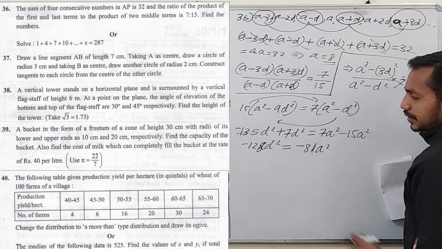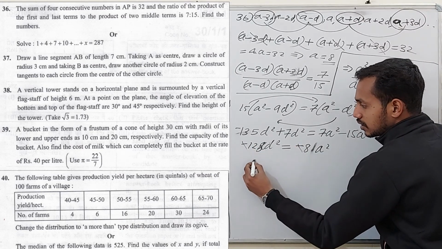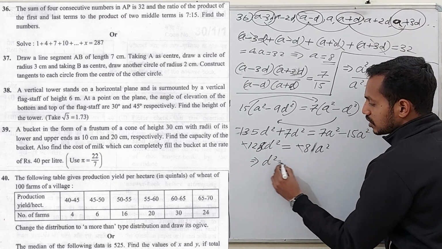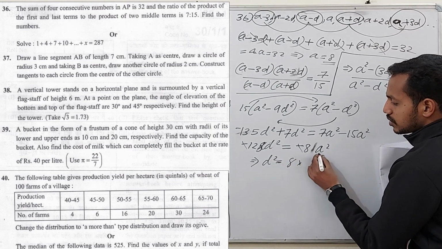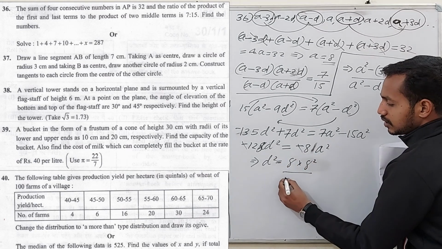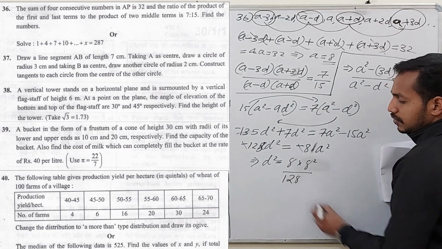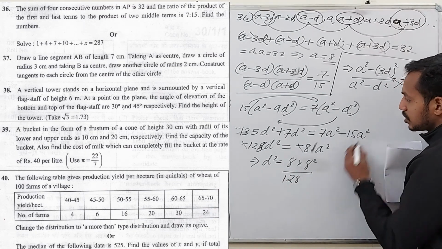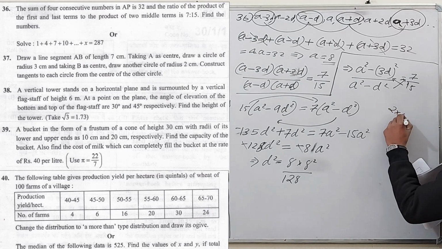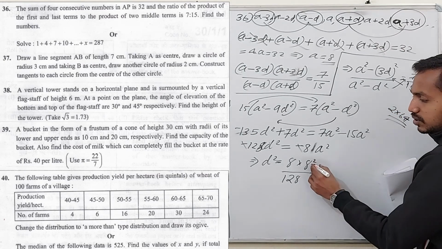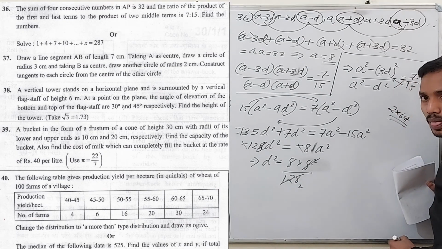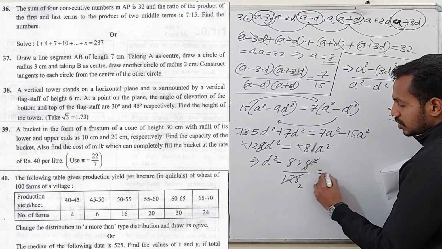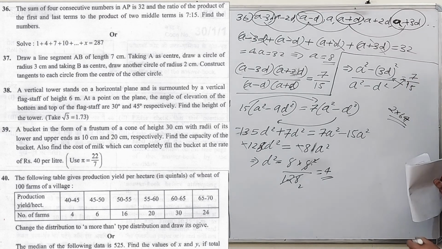The minus cancels. That implies d square is equal to 8 into a square, that is 8 into 64, divided by 128. 128 is actually 2 into 64, so the 64 cancels, and 8 by 2 is equal to 4. So d square is equal to 4.